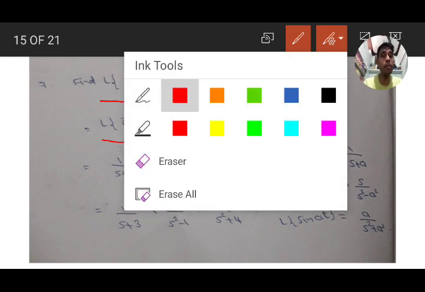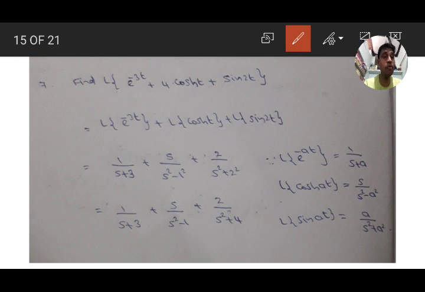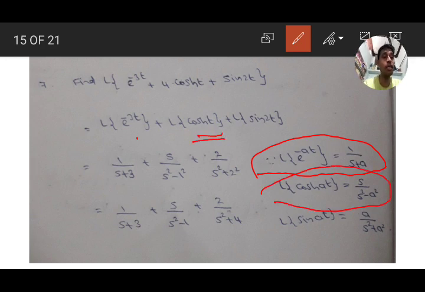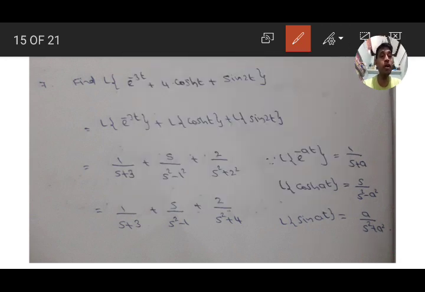Okay, and apply the basic formulas. E to the power of minus at formula is 1 by s plus a, with a equal to 3, L of cos h of at with a equal to 4, s by s square minus a square, L of sin at is a by s square plus a square. Applying the formulas, here we will get 4.